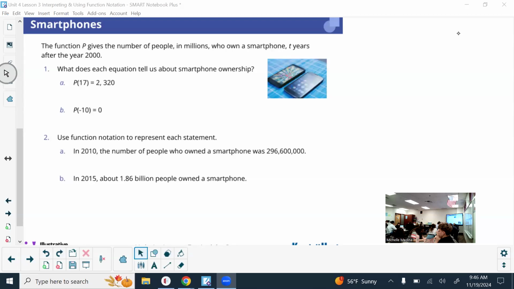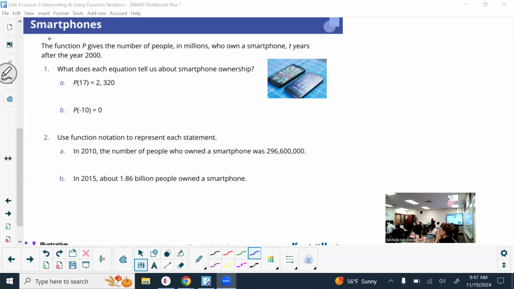So what does P of 17 equals 2,320 tell us about smartphones? So to interpret it, make sure you guys are saying something about what the input means and what the output means.